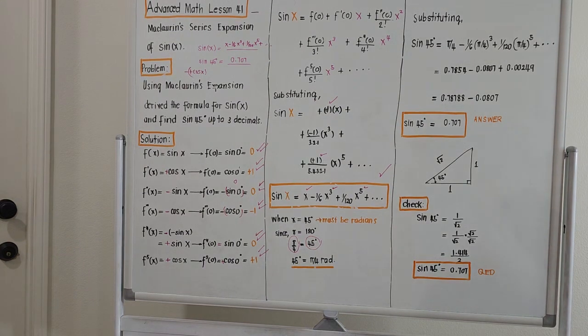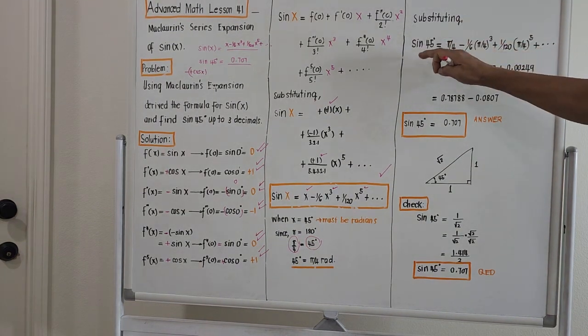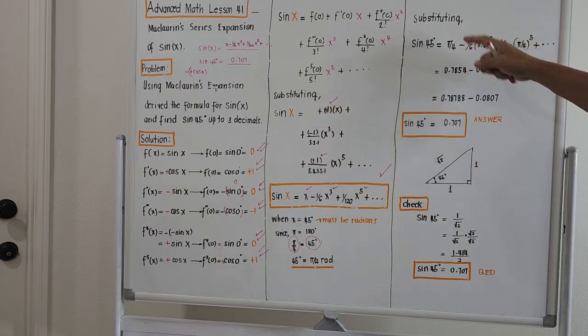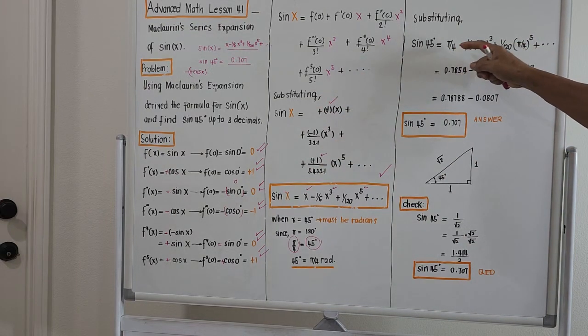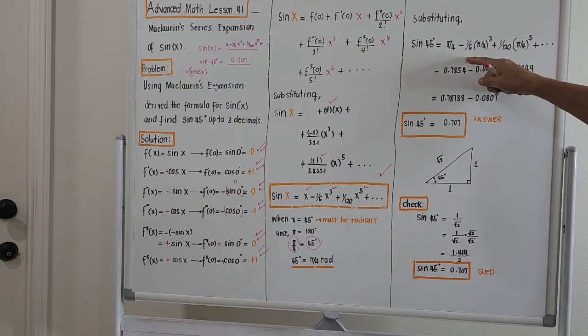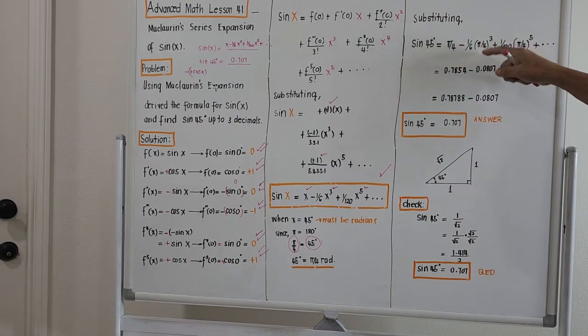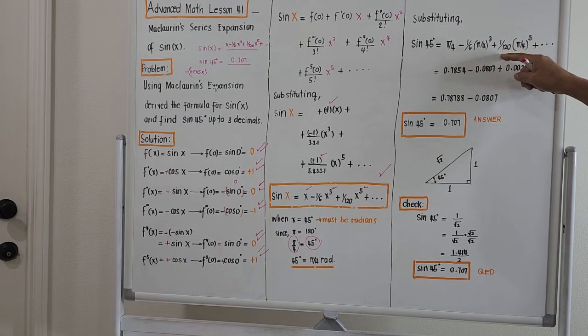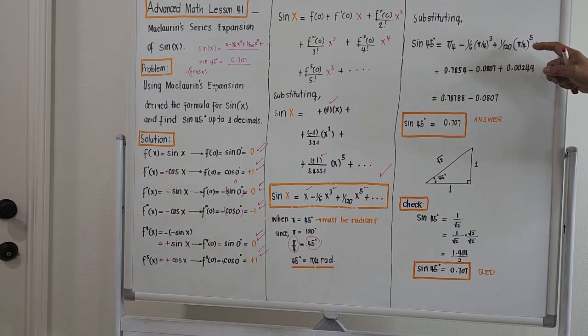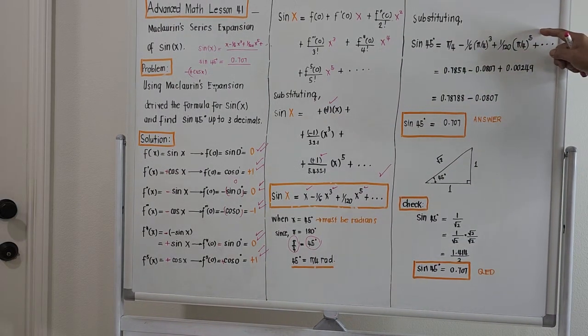Okay, substituting. Sine of 45 degrees, x will be pi over 4 radians, minus 1/6 the value of x in terms of radians, pi over 4 raised to the third power, plus 1 over 120 the value of x in terms of radians, pi over 4 raised to the fifth power.